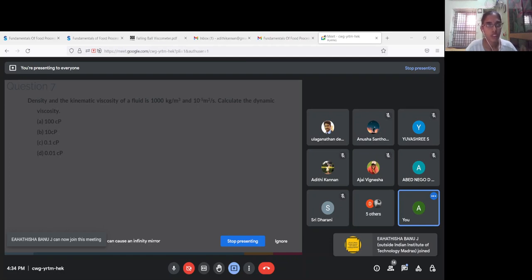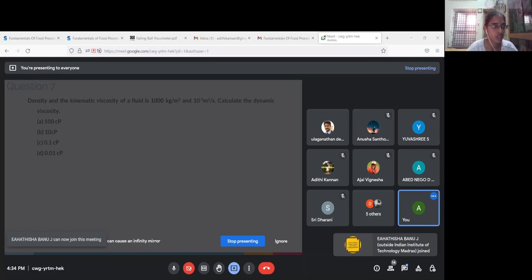So what is the relationship between kinematic viscosity, density and dynamic viscosity? Anybody knows the relationship between all these three parameters?